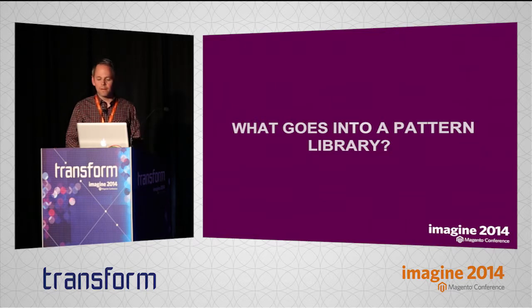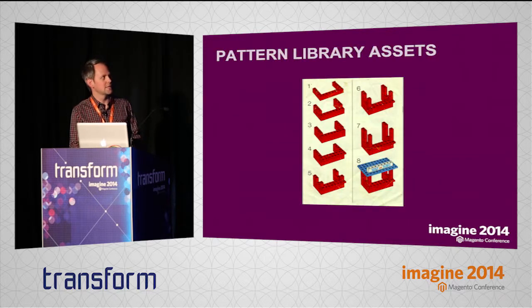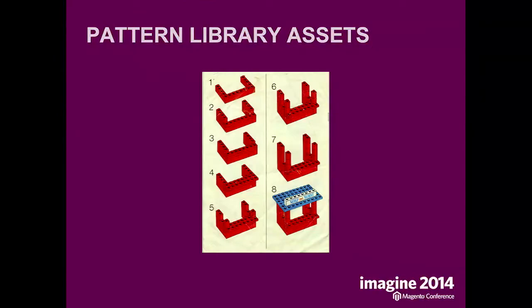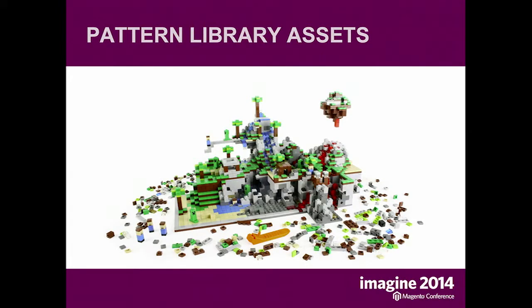So what goes into a pattern library? The way that I usually present this is I like to think of pattern library assets as Legos, and the patterns are really the instruction sets to putting the Legos together. Without instructions, things can get out of control quickly.